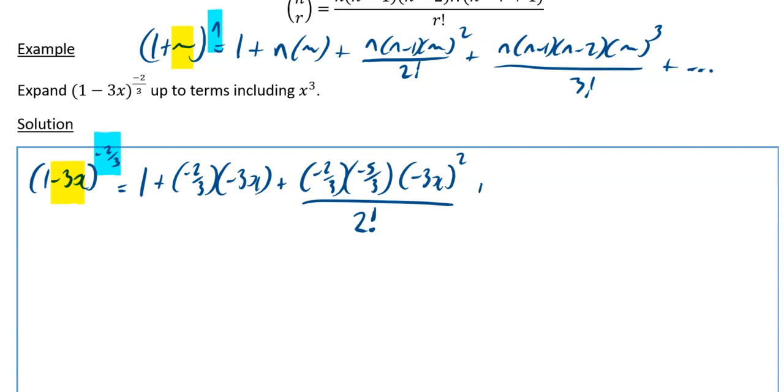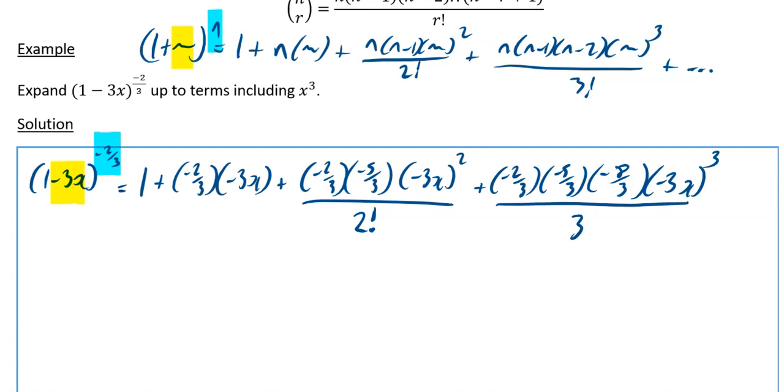And then my last term, as far as I need to go in this one, is minus 2 over 3 times minus 5 over 3 times minus 8 over 3, and that's times minus 3x cubed, and that's being divided by 3 factorial, plus and so on. Remember, it's an infinite series, it goes on forever and ever, but we have to tidy it up. To do the expansion of these, you really are just putting this into your calculator.